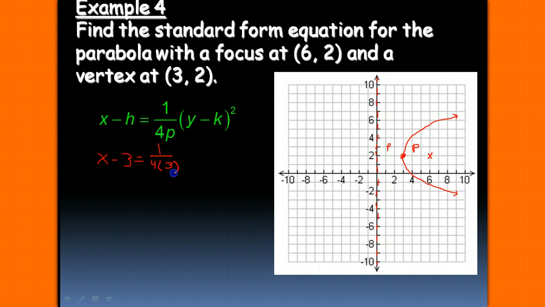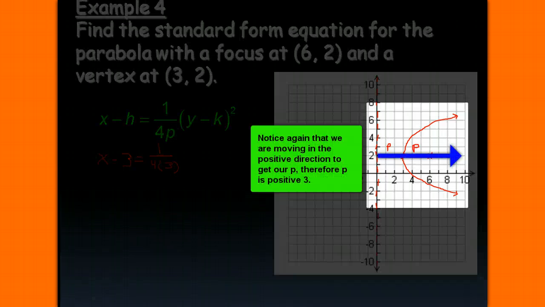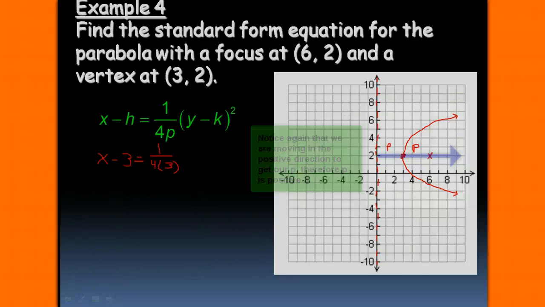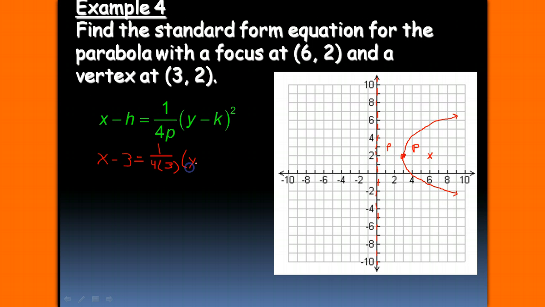So we're just going to put 3. Times y minus k, which is again our y value at our vertex, which is going to be 2. And we just have to square that whole thing. So we're going to simplify and we'll be done.